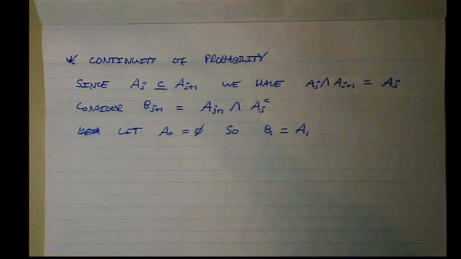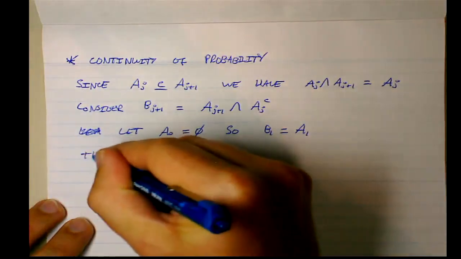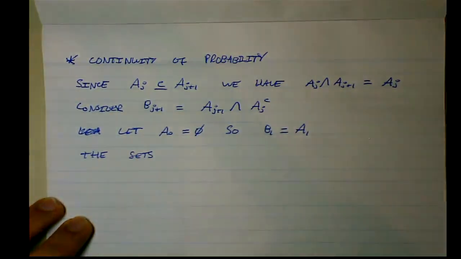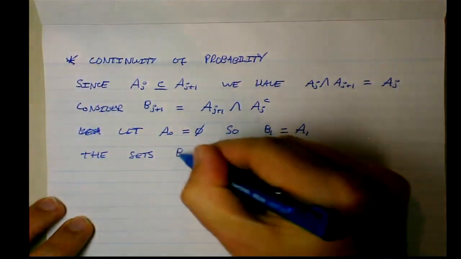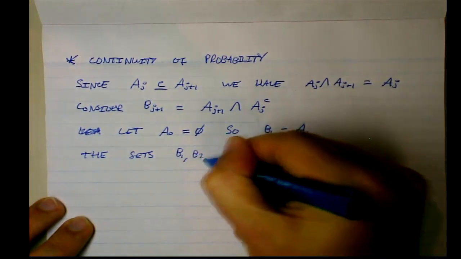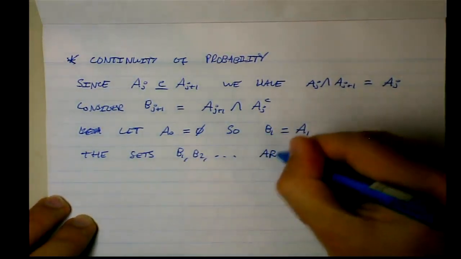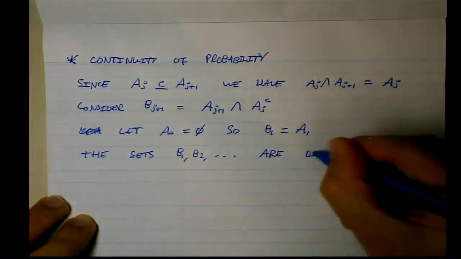So it's quite straightforward to see, you can verify this, that the sets B1, B2, and so on are disjoint.